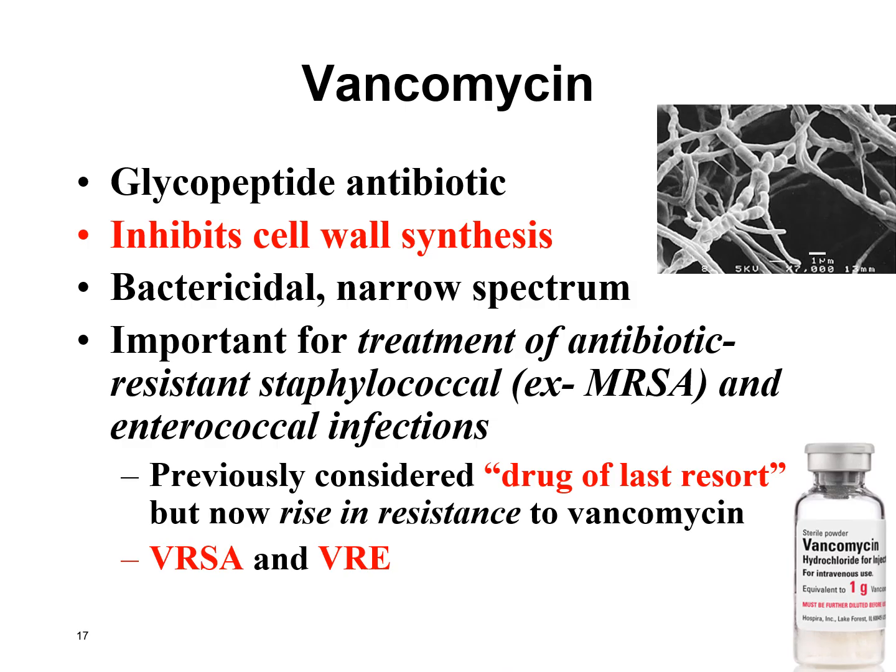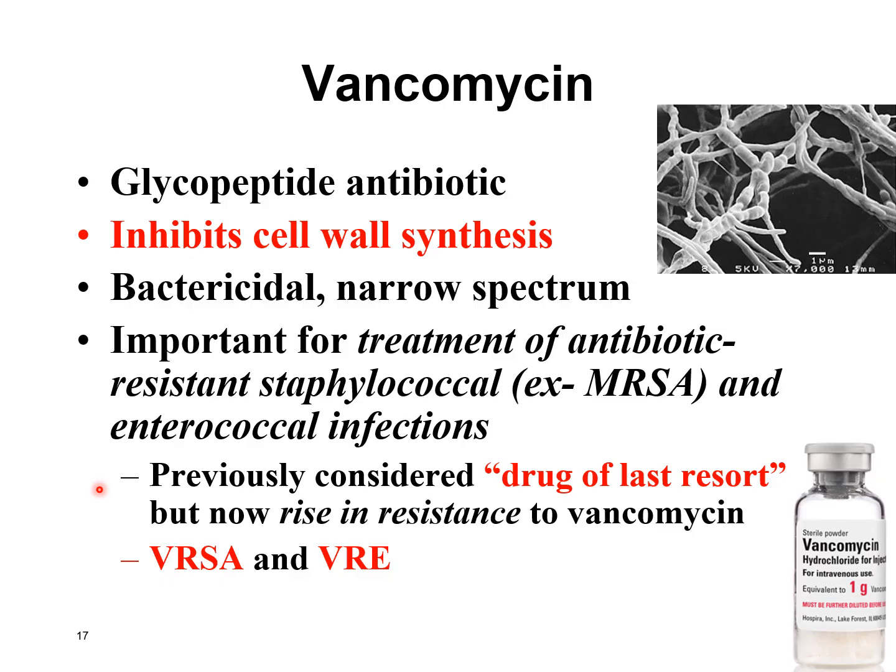Okay, vancomycin, another one of our antibiotics that inhibits cell wall synthesis. And this was also one of our big gun antibiotics, drug of last resort. If we had a bacterium resistant to a lot of things like MRSA or Enterococcus, one of our escape pathogens, we could pull out vancomycin and kill it.